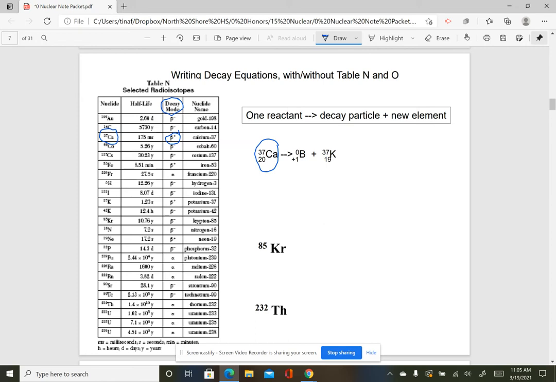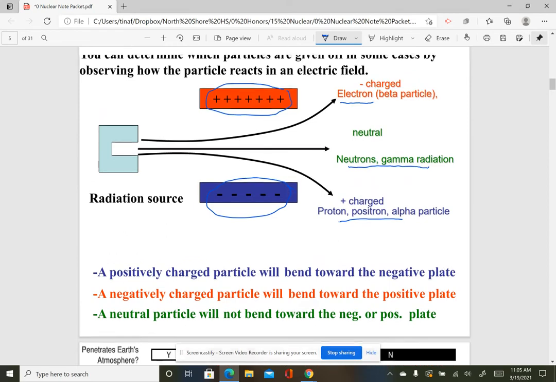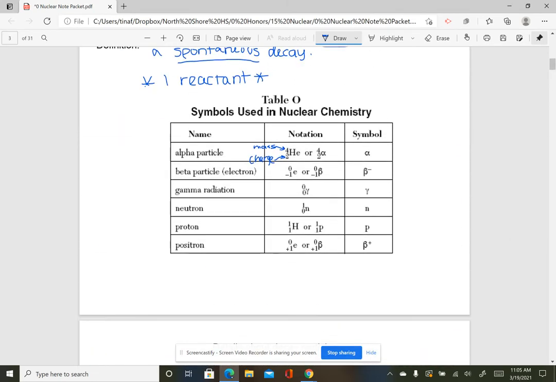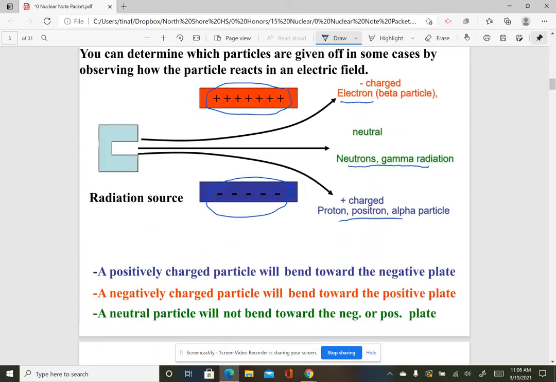That's my one reactant. And all by itself, it's going to get rid of a beta particle. Now, table N just tells us what the particle is. I actually have to go back to table O to know that a beta particle has a mass of 0 and a charge of +1. So once I use table N, I have to jump to table O to say, okay, well, what's the real symbol for that particle?